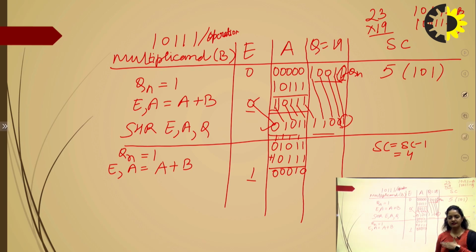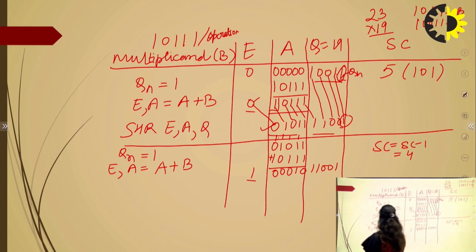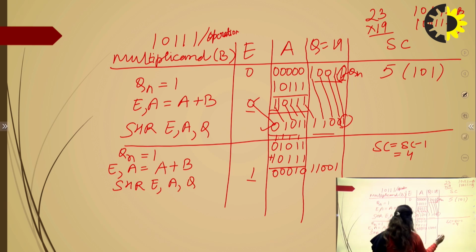So in this algorithm, whatever carry is generated cannot be discarded; it will be held by our flip-flop E. Now the value of E will be updated, and the previous value of Q is 1 1 0 0 1. The next step is to perform the shift operation again, SHR between E, A, Q. When performing shift right, we move each and every bit toward the right-hand side.